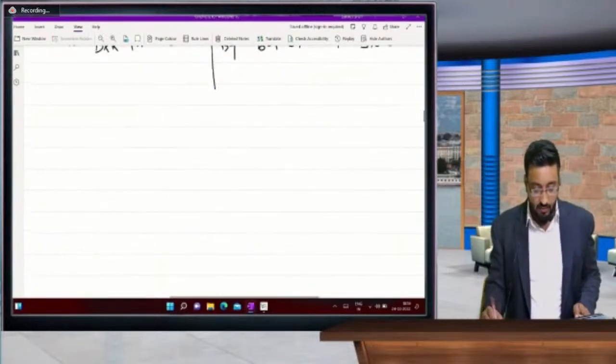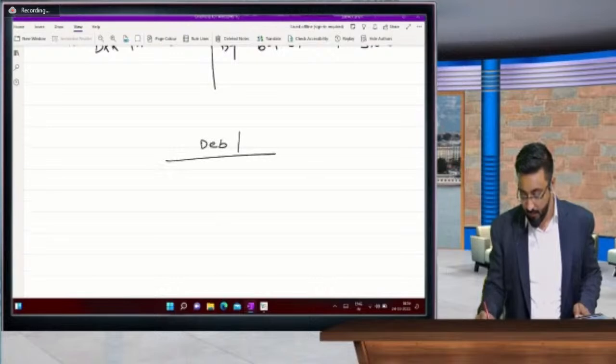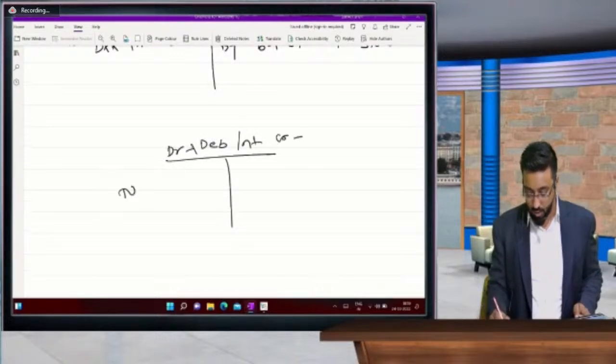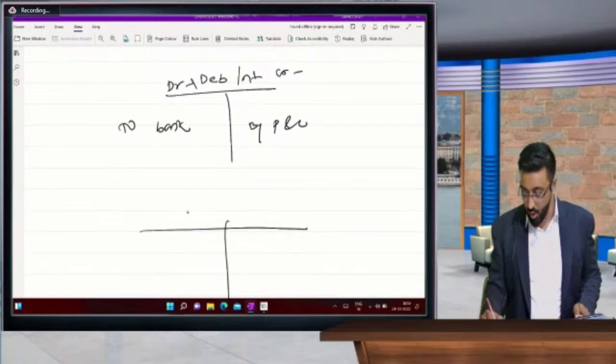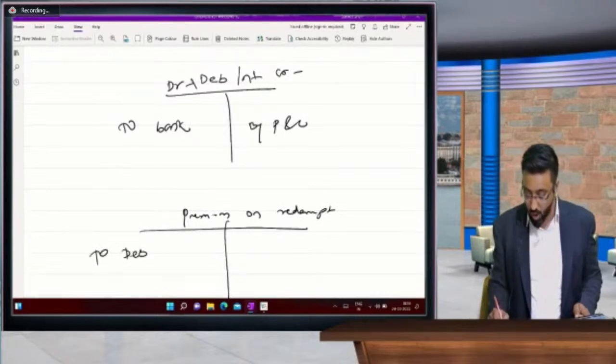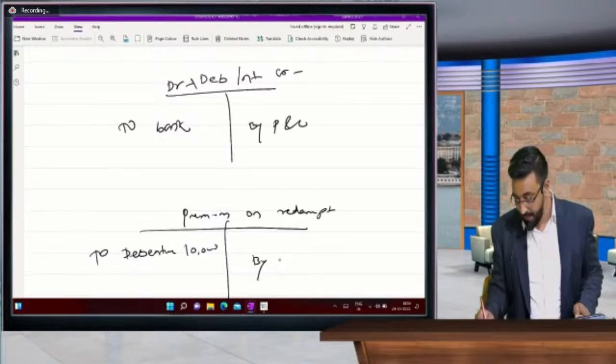Next one is debenture interest. That is debit because it is expenditure. To bank, and by P&L, 10,000. And the loss, that is premium on redemption. This is the extra amount that you are paying to your debenture holders. This is 10,000, by P&L.